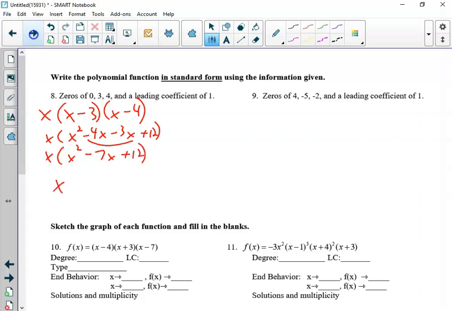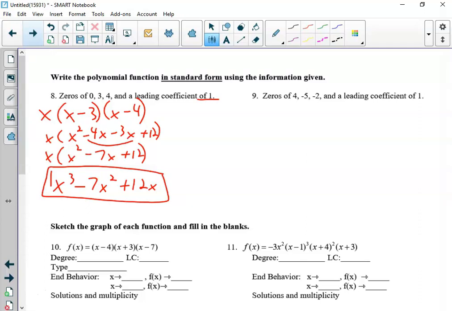Now I send the x in, I get x cubed minus 7x squared plus 12x. And now it is in standard form. Oh, and lead coefficient of 1, you're going to have that because, see, I ended up with that right there.